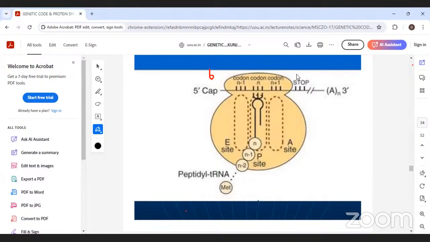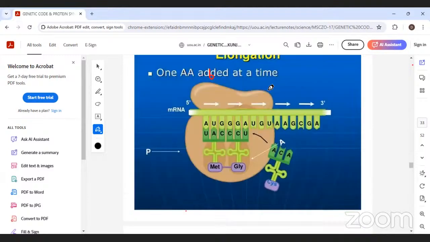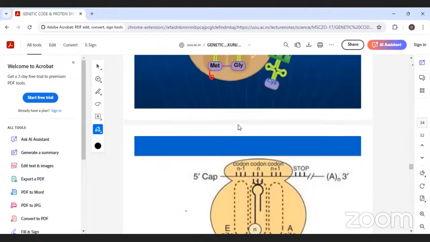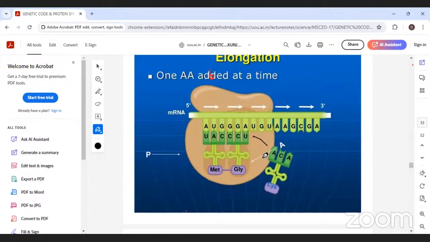At this time, the peptidyl tRNA, see in the picture, the peptidyl tRNA of the A site is transferred to the P site under the influence of GTP. Which influence is there in this process?